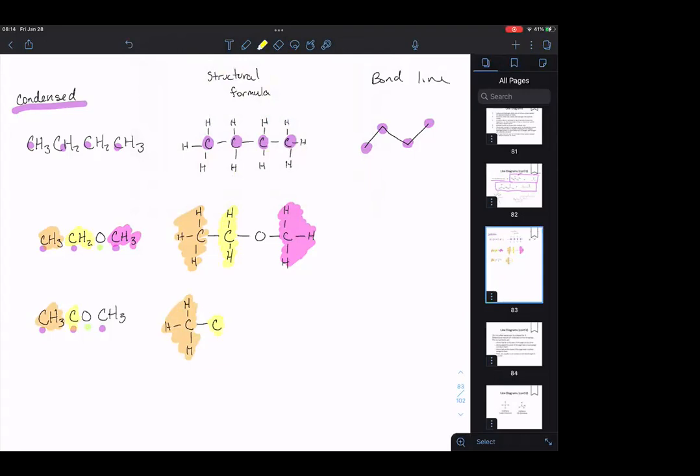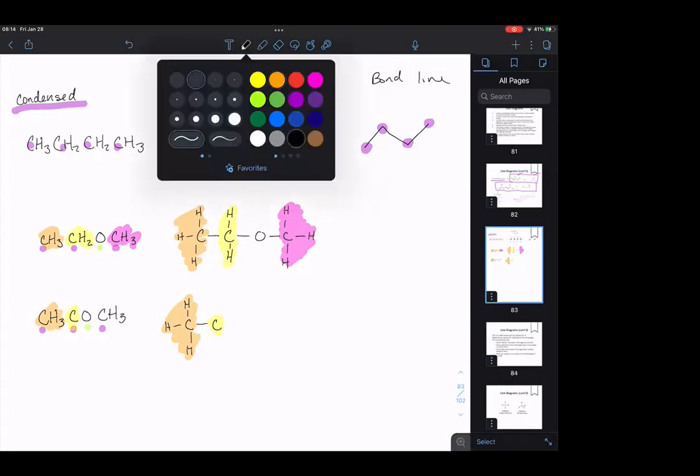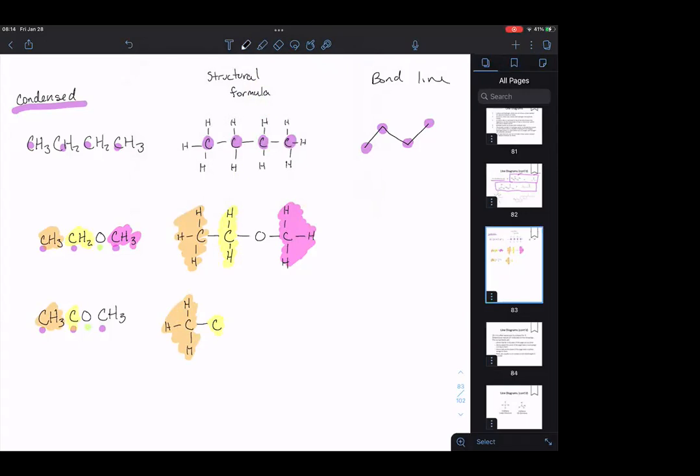It only has one as it's drawn. So when I jump to that next oxygen, that's going to have to be onto that carbon with 2 bonds in order to create 4 bonds for that particular carbon, followed then by the CH3.